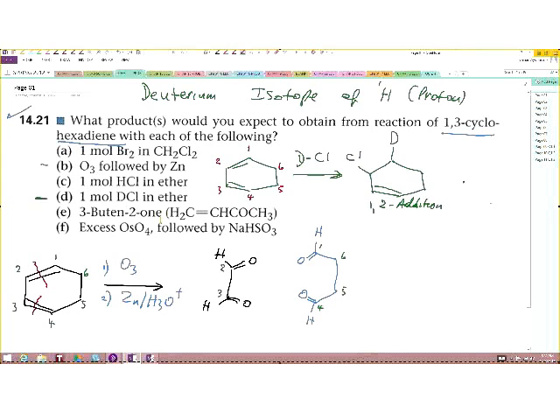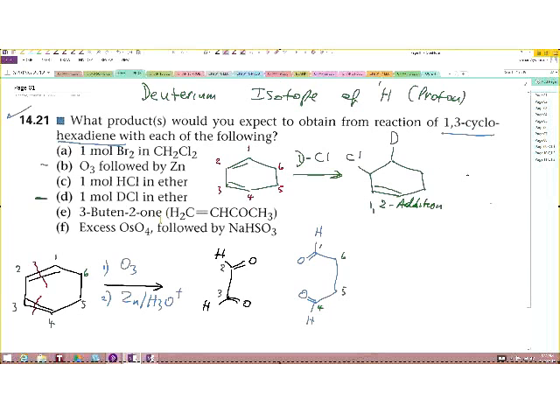How about the 1,4 addition product? If the deuterium goes here, we form a carbocation here, and as a result of resonance, this pi electron moves to between 2 and 3. Therefore, you are going to generate a carbocation on carbon number 4. And then the nucleophile, which is the chloride anion, will attack carbon number 4.